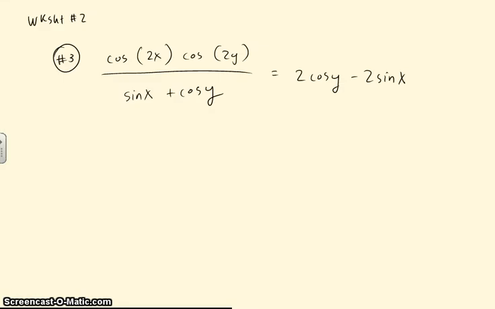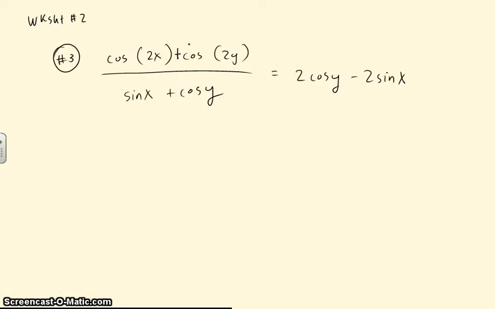The second problem I'm going to go over is from the second worksheet. It's number 3, which looks like this. When I'm looking at it, first of all, I miswrote it. This is a plus here. I see a cosine plus a cosine on the top, and I see that the angles are 2x and 2y, and so I don't like that.